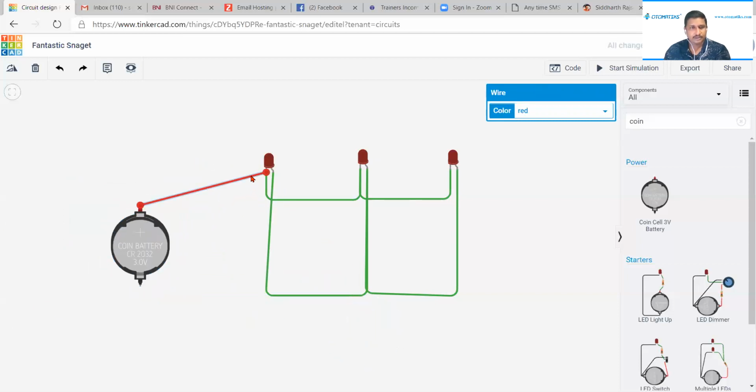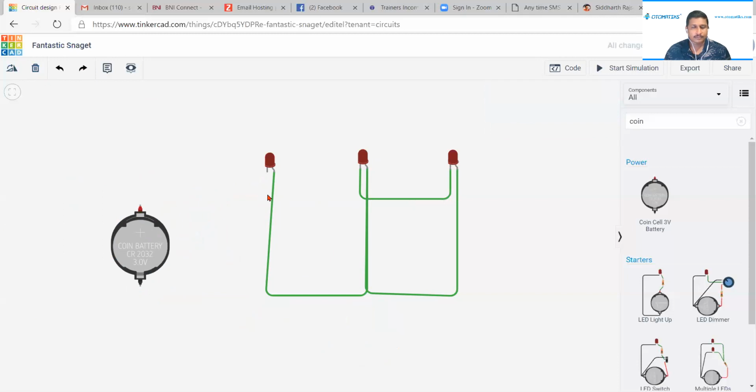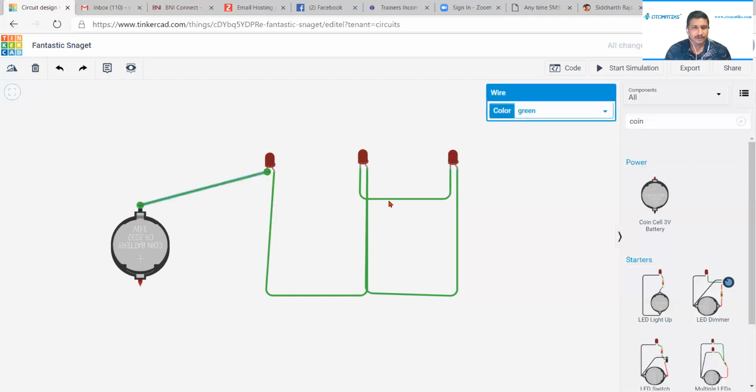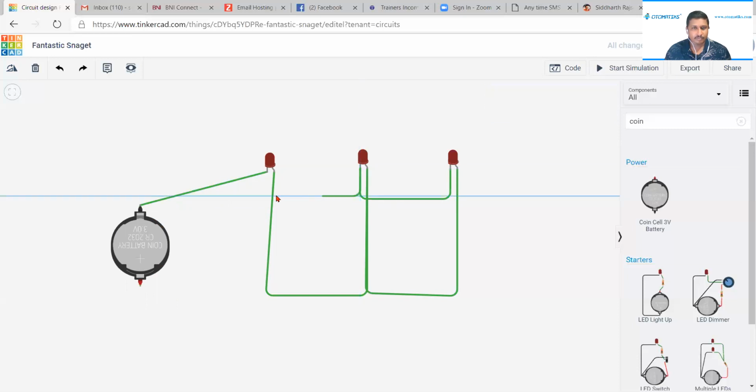It is not getting deleted. Okay, so now I'll try. I interchange the battery. So now I'm going to connect it with the negative, and from here from negative, right, from positive.